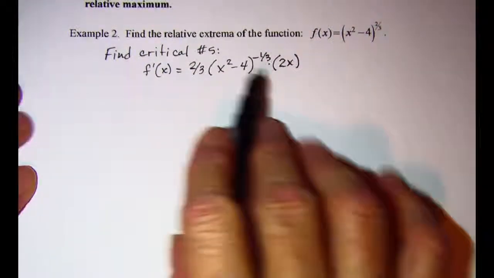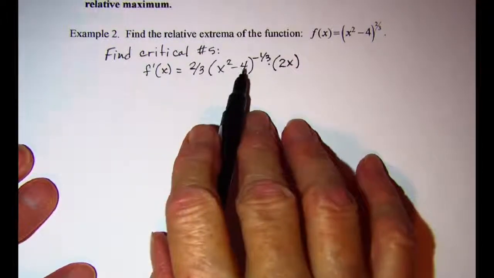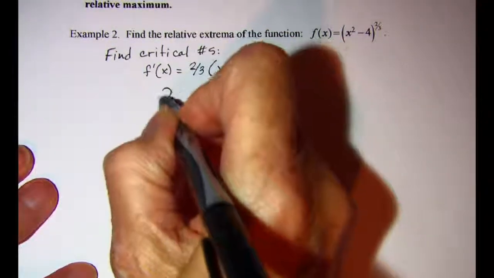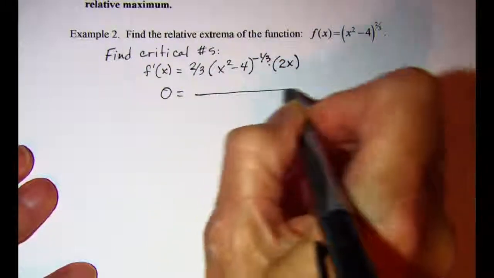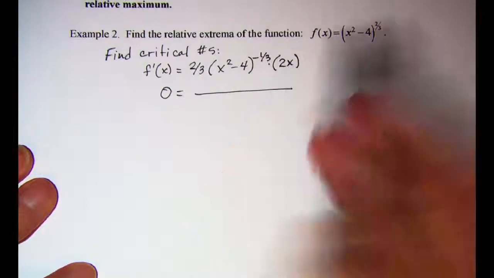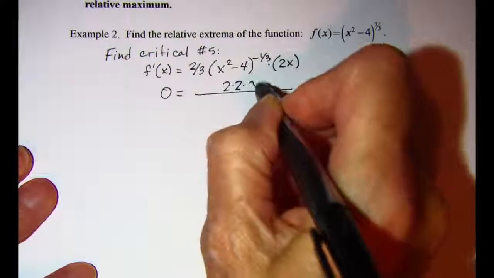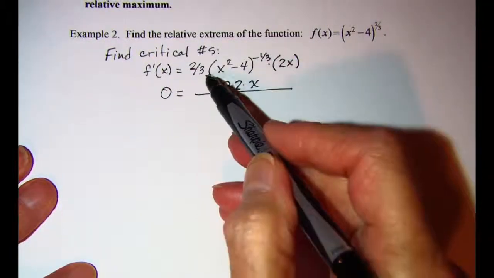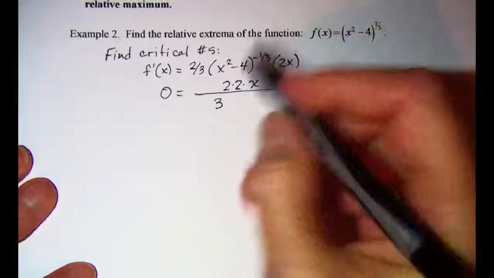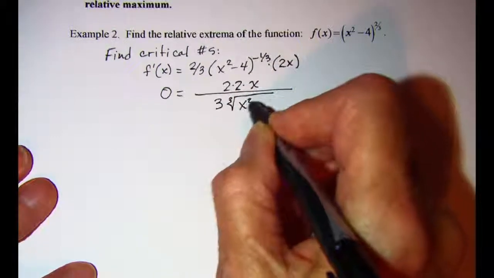Now I want to set this derivative equal to 0. I'm going to write it as a fraction. So I have 0 equals, in the numerator I have 2 times x. And in the denominator I have 3, and then this is the same as cube root of x squared minus 4.